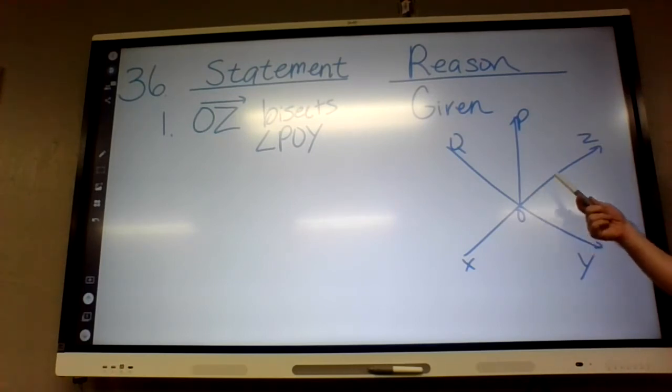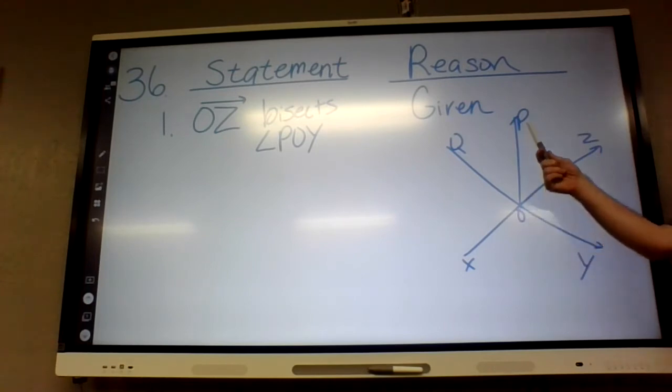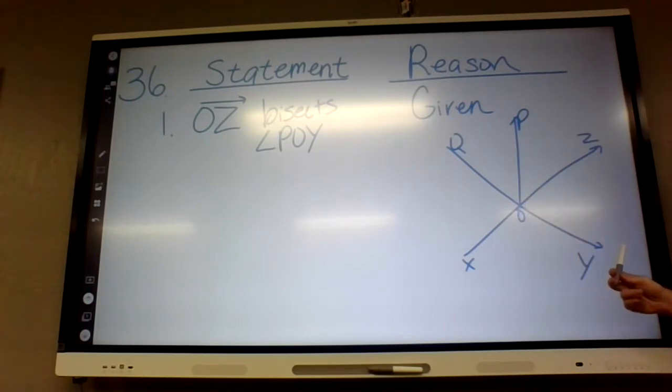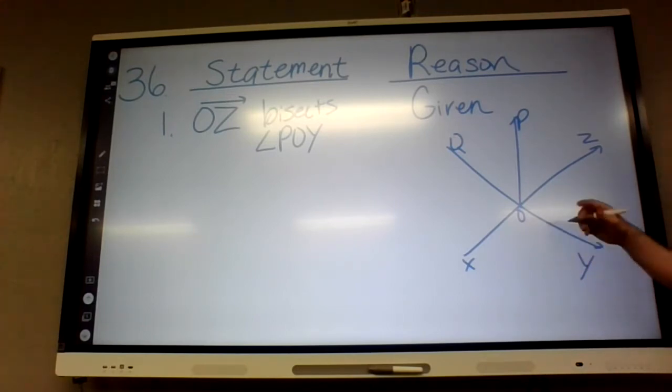If OZ is bisecting POY, what do we know? PC and CY equals PY. Okay, are you talking about angles? Okay, how do we label an angle? There you go.